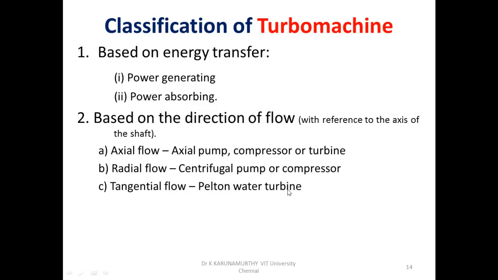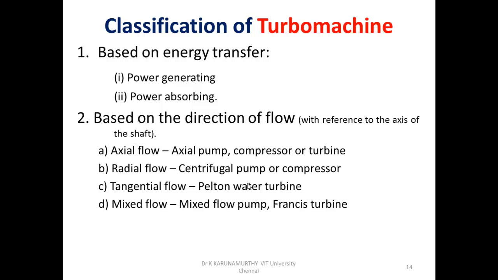The water power or hydraulic energy of the fluid is used to rotate or drive the blades of the turbine. Here the fluid strikes the turbine wheel in the tangential direction, thereby producing power. So we call this a tangential flow turbo machine.